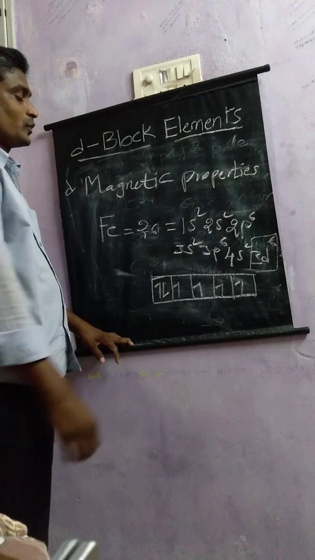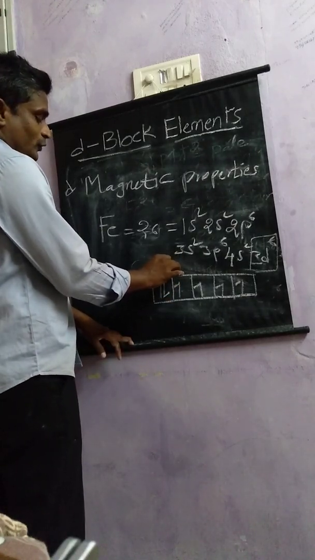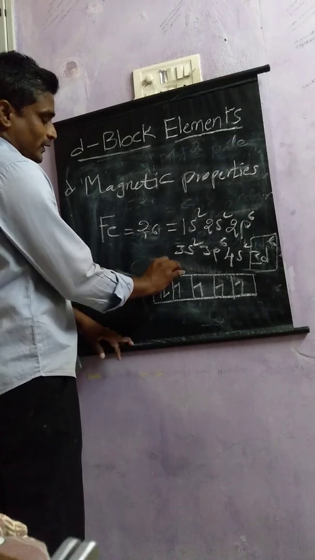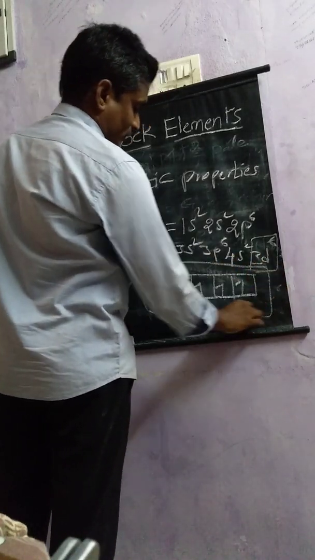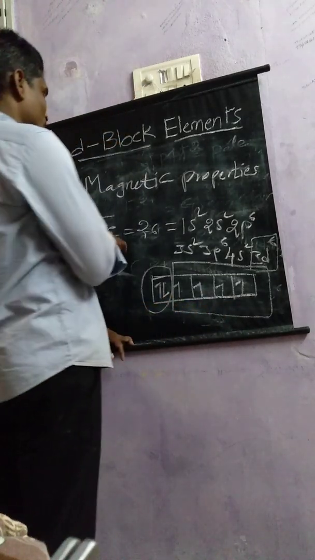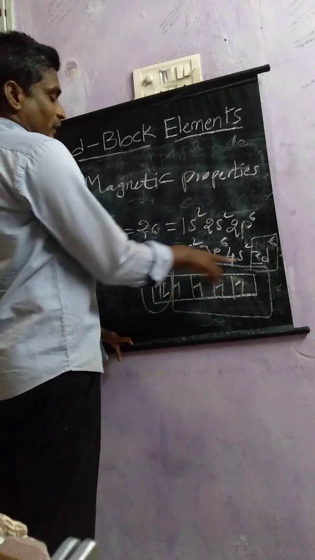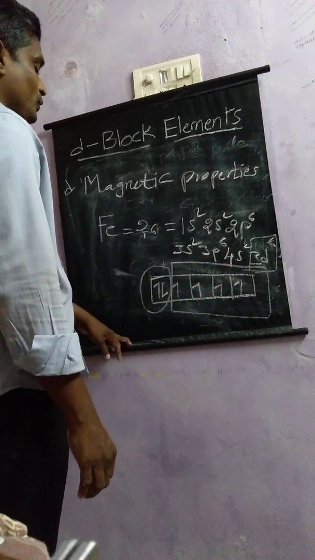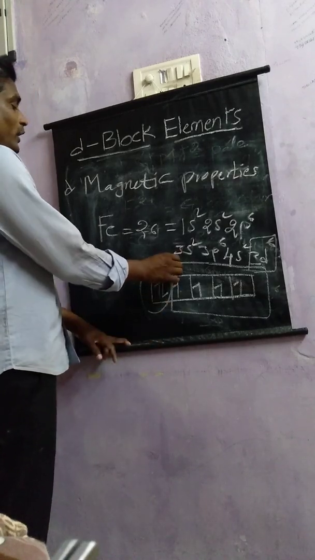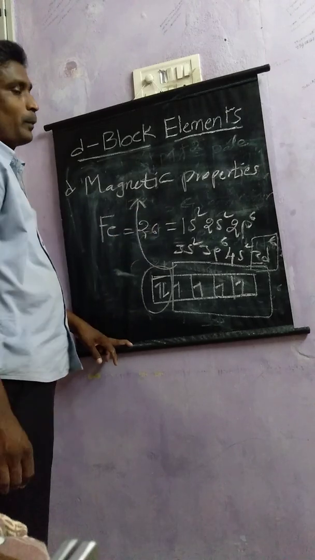Here, if you see, there are 2 paired electrons and 4 unpaired electrons. Again, I am repeating: in the case of iron, in its outermost shell there are 4 unpaired electrons. So from this, we can conclude that it will exhibit magnetic properties also.